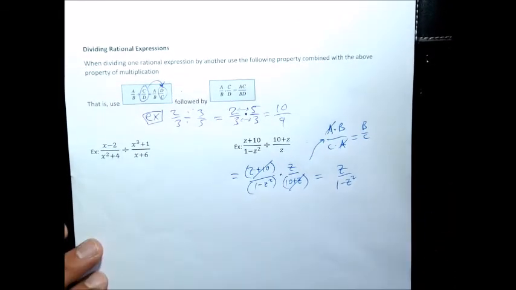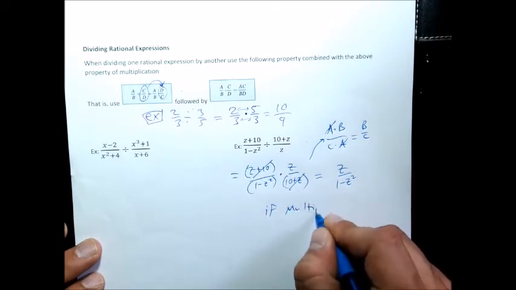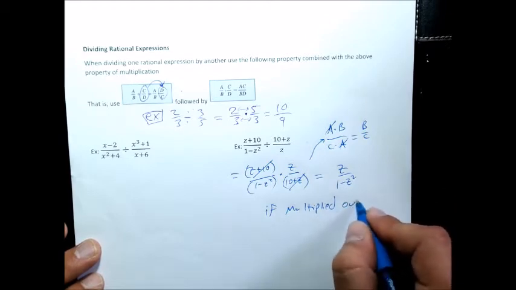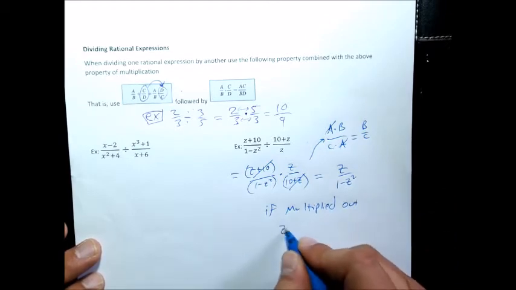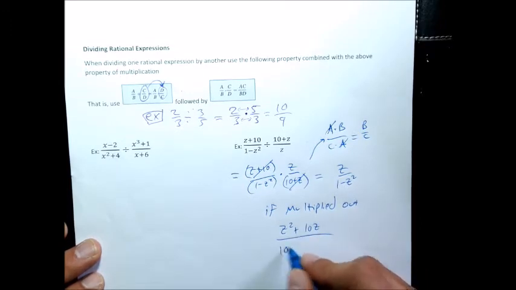If you multiplied it out, though, and you might want to try this as good practice, like maybe you're just not confident about this and you want to try one. If you multiplied it out, you would get this. And so this is something you might want to try and just double check to make sure you can do it.